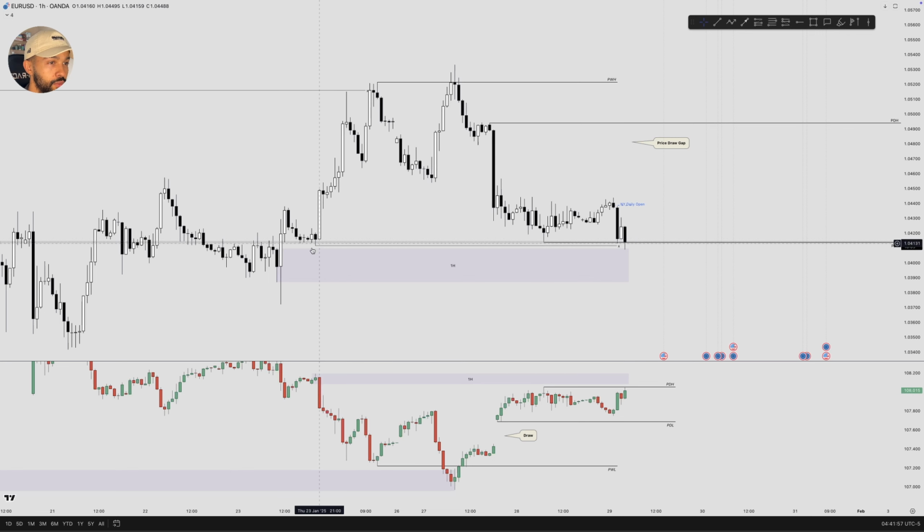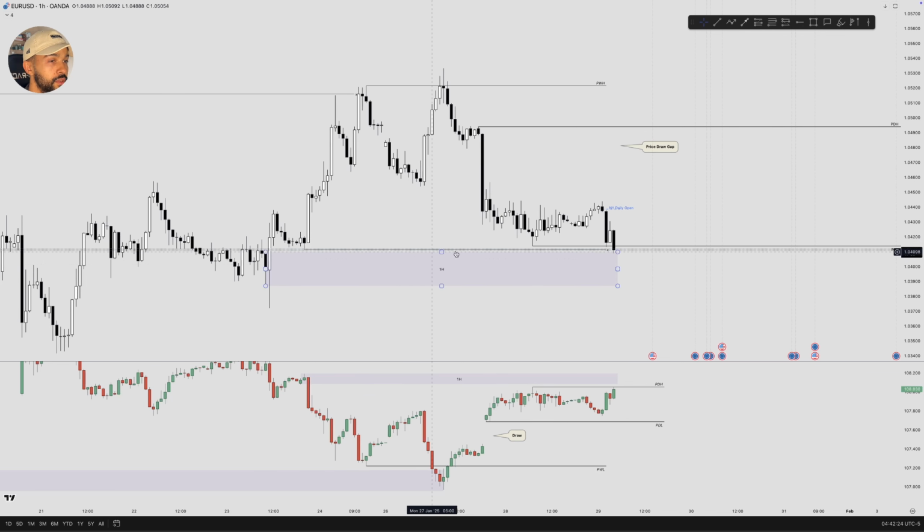Okay, so I had removed that drawing. However, there was still an order block available here as potential support where this imbalance was, right? So the last candle in the order block, potentially we've drawn into that, and that can show us support. So sell side liquidity, possible support order block, which could give maybe a bit more of a favoritism towards that long bias coming from this zone here, because we have so many confluences such as sell side liquidity, order block support, previous daily low as well, draw on price above.